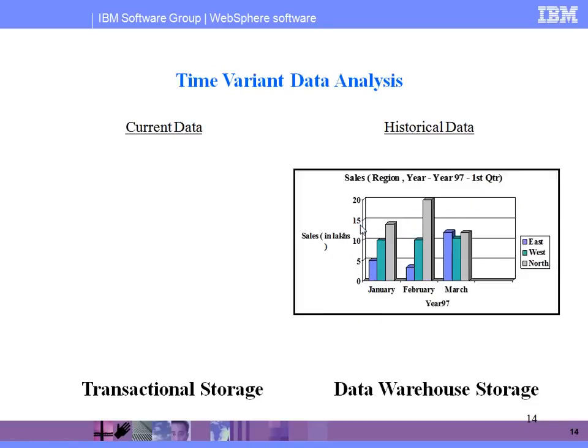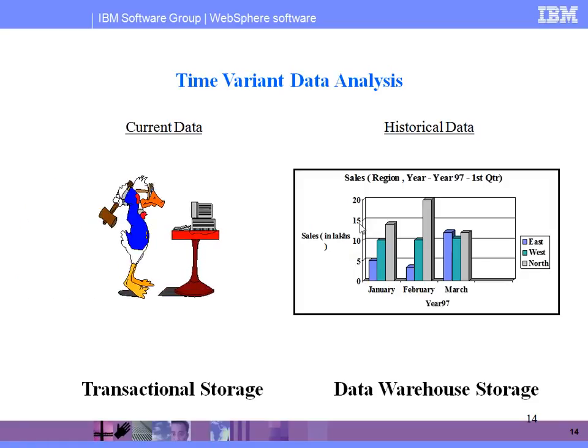The last characteristic feature of any data warehouse is time variant data analysis. Whatever data we have in any source system, meaning the operational system, is limited data, and it is also current data.